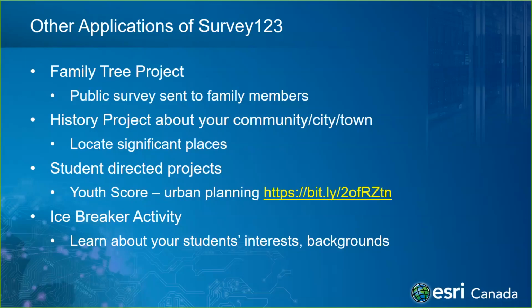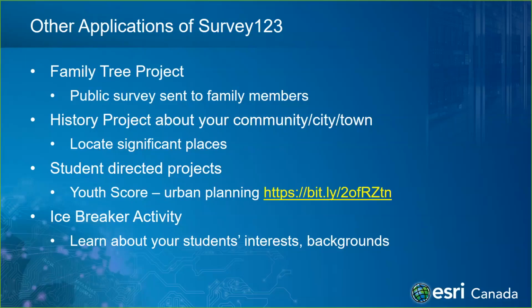So the first one is a family tree project. You can create a public survey to send to family members around the world or in your city or country, so that you can collect information, for example, about the date of immigration to their country of residence, the family connection to the surveyor, the age of the respondents, and more information.